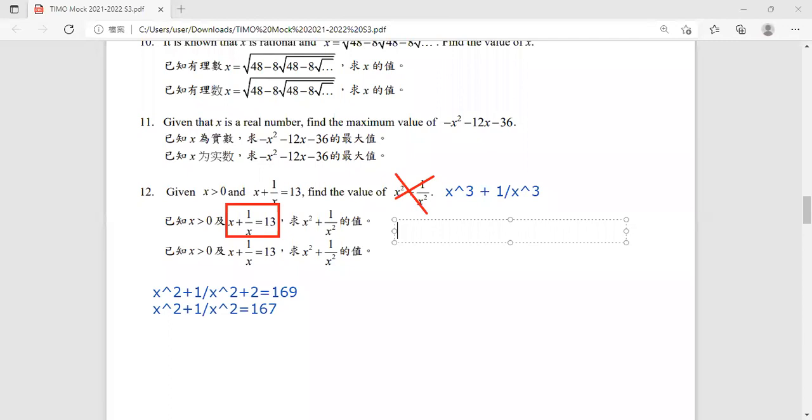Now you can do it because I already have this result.